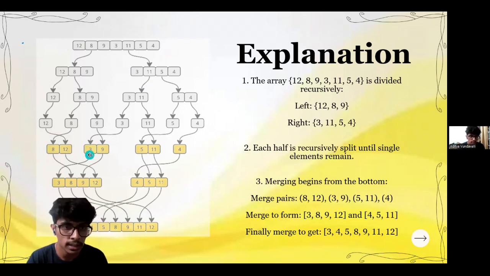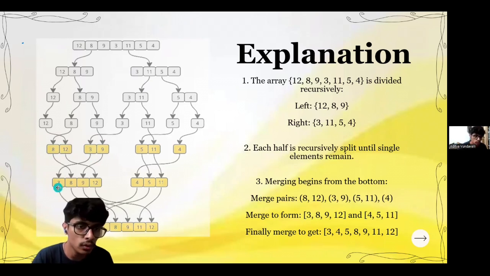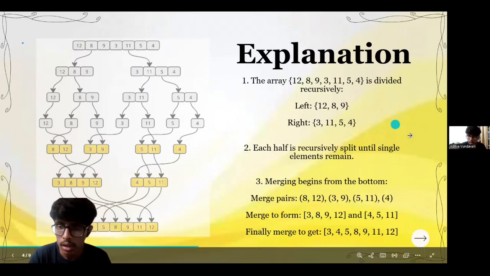In this case, we find that 3 is smaller than 8, so we put 3 here, and then the pointer goes to 9. We compare 9 and 8, and 8 is smaller, so that goes next. Then the pointer goes to 12, then 12 and 9, and so on. We keep doing that until the entire list is sorted. Finally, after the temporary list is created, we put all of it into the array.